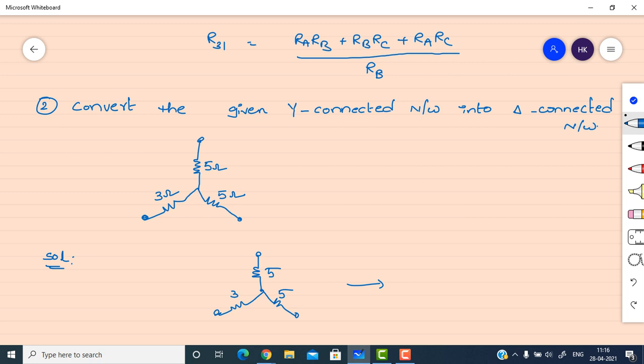We are going to convert this into delta. In delta, these resistor values are the unknown values. We are going to find them out. This is R12, this is R23, and this is R31. So find out these three values.